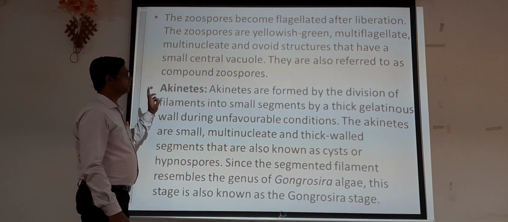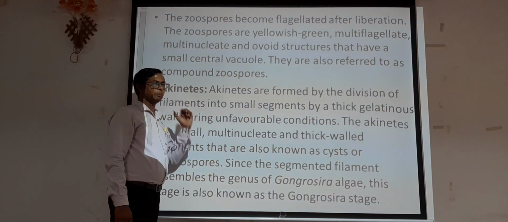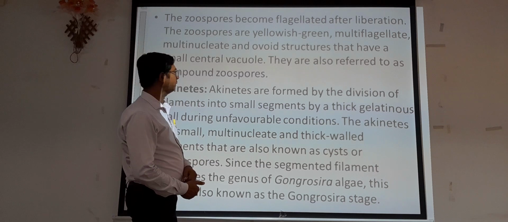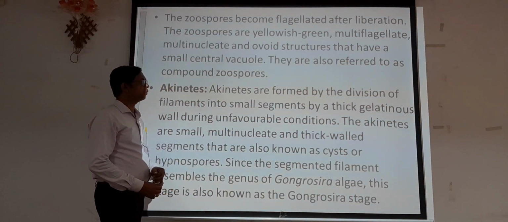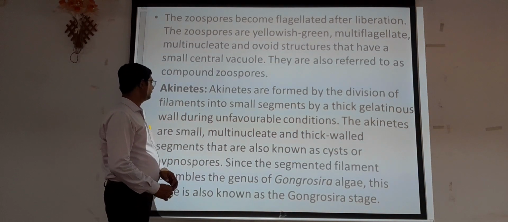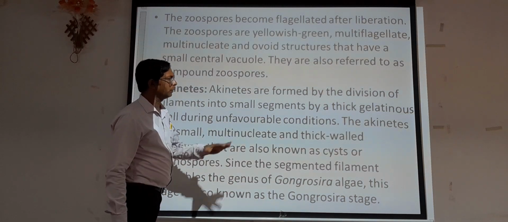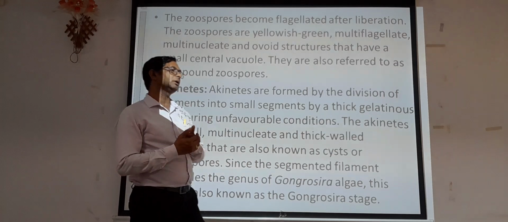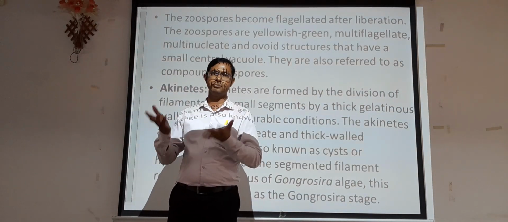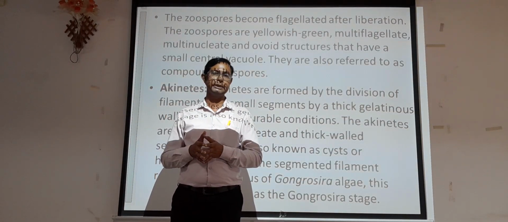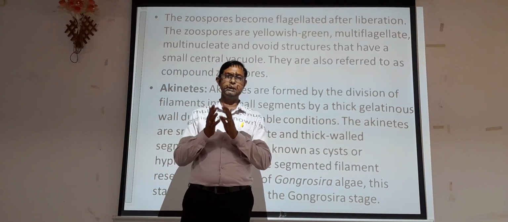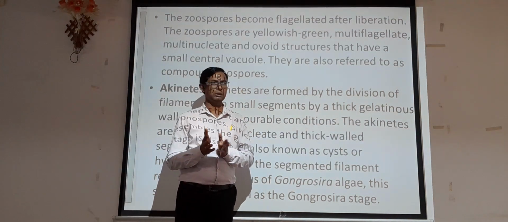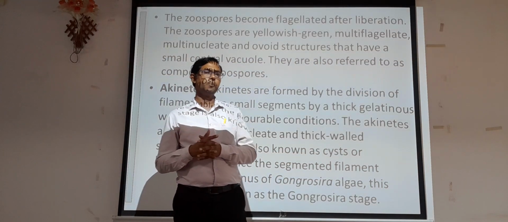Akinetes. Now the third type of asexual reproduction is known as the production of akinetes. Akinetes are formed by the division of filaments into small segments by a thick gelatinous wall during unfavorable conditions. Now, when the condition becomes unfavorable, water becomes scanty, temperature increases, and there is no shade available for Vaucheria.